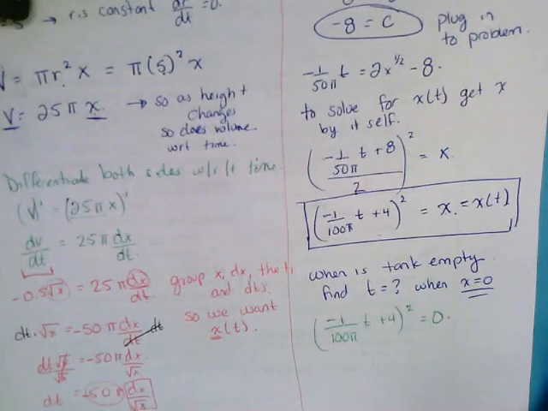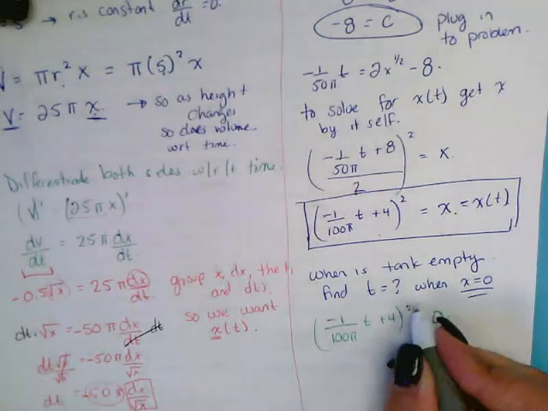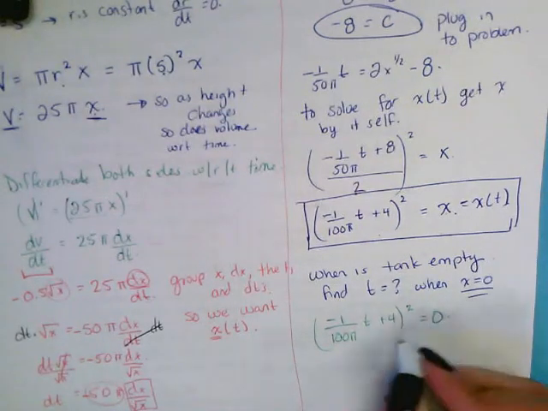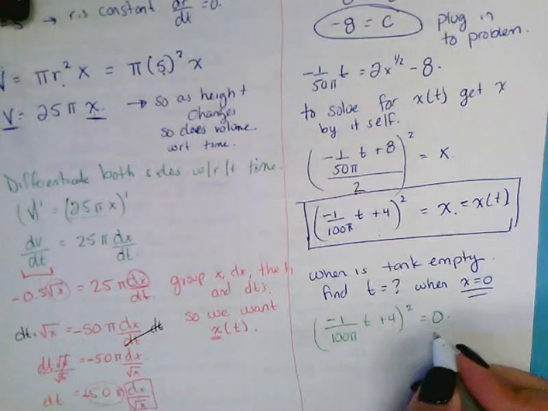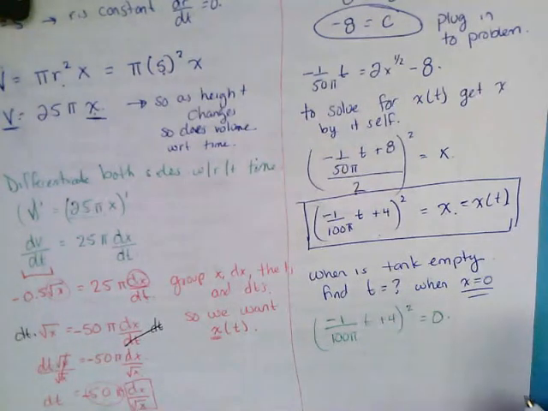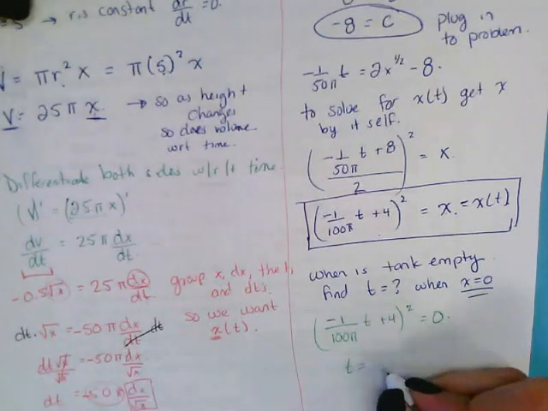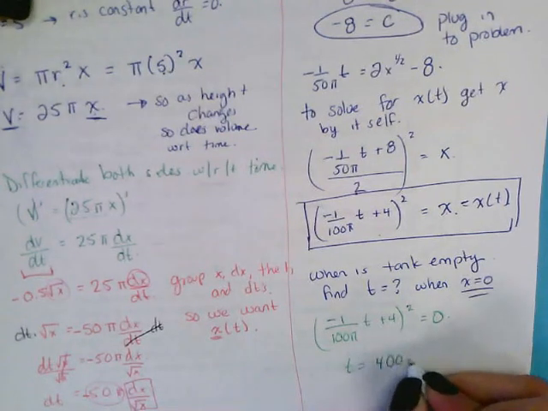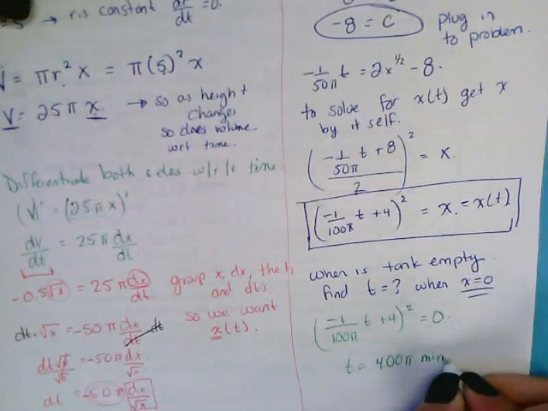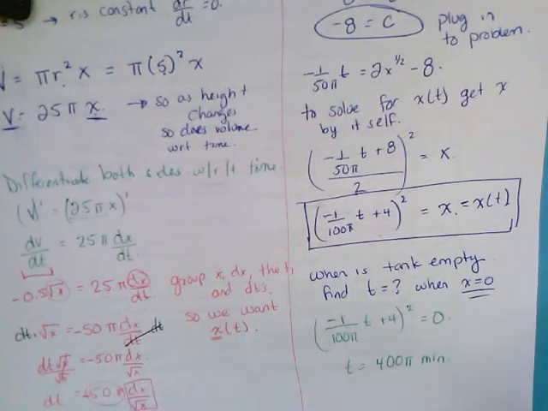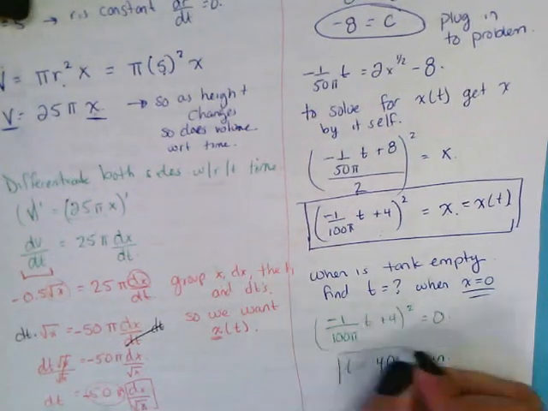So after you solve it, right, take the square root of both sides, subtract 4, multiply by a -100, and you end up with t equals 400 pi minutes. So that means it takes 400 pi minutes to empty the tank.